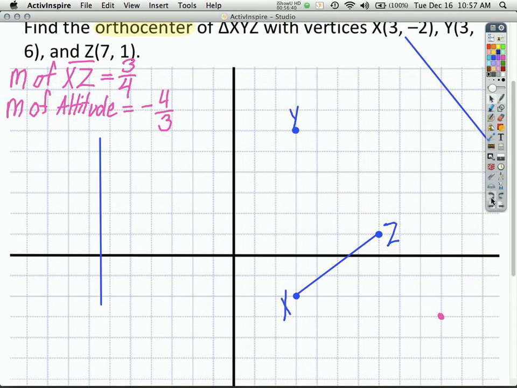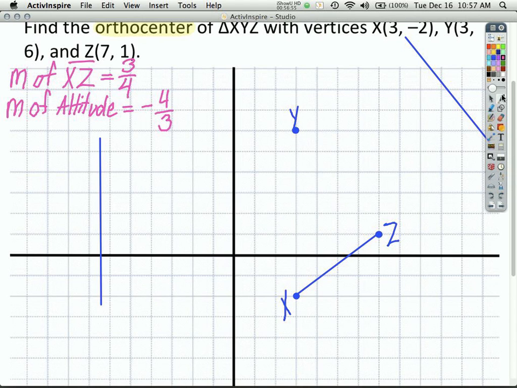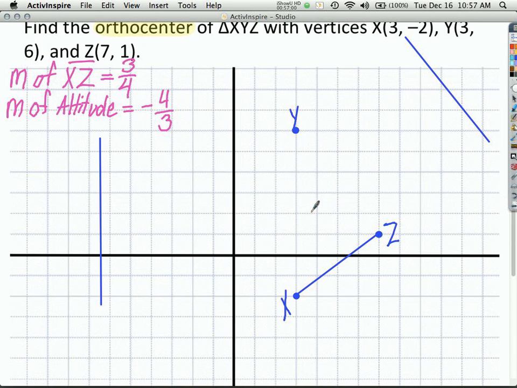So, instead of starting here and using that slope, we're going to start right here. Because that's the slope of the line, it has to pass through this point. So watch what we do. Go down 4, 1, 2, 3, 4, over 3, 1, 2, 3, put a point, and draw a line through those. And that will be perpendicular to xz passing through y.